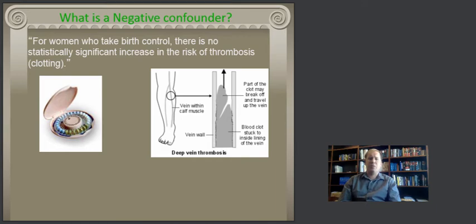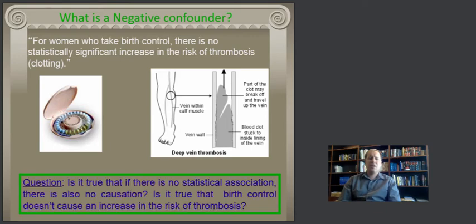Okay, does that mean we can automatically conclude that birth control does not cause thrombosis? Well, to get to that, we have to actually ask whether there are negative confounders. Because here we've ruled out causation and said there is no causation, but a negative confounder could be lurking somewhere. And before we can rule out causation, we need to think about negative confounders.